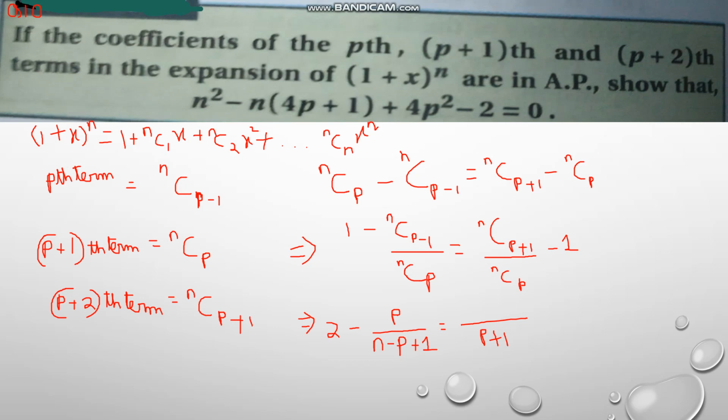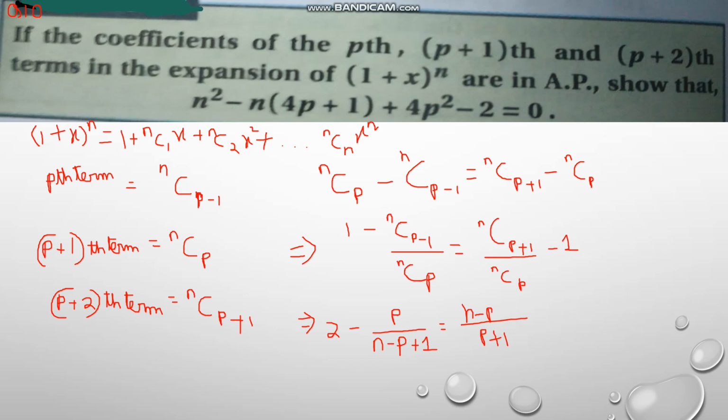Both cancel, and p plus 1 remains as the denominator. The n factorial gets cancelled on both sides. In the numerator there is (n minus p minus 1) factorial, and there is (n minus p) factorial here, so n minus p will remain, which will go to the numerator.